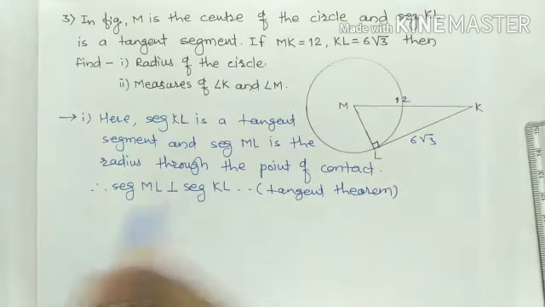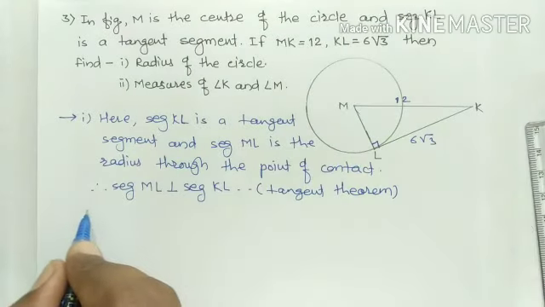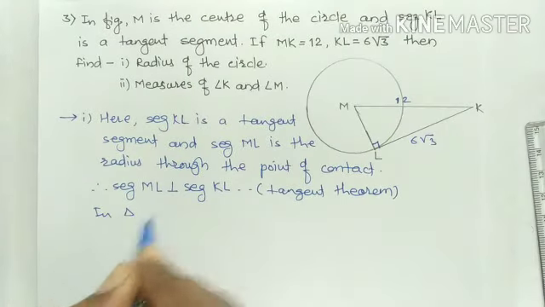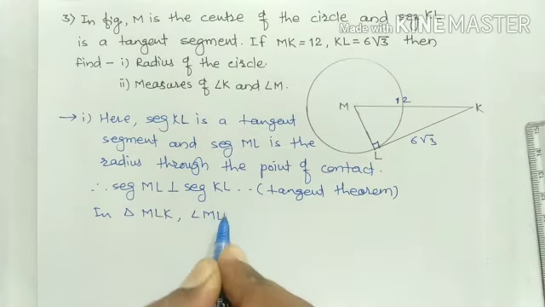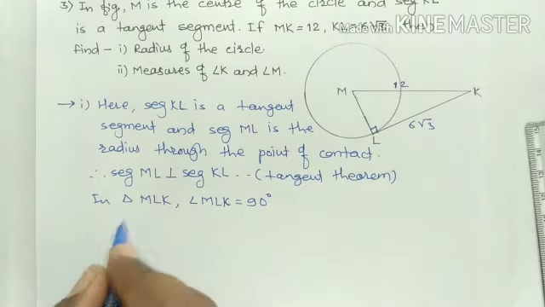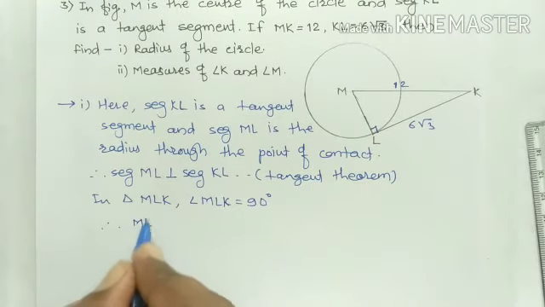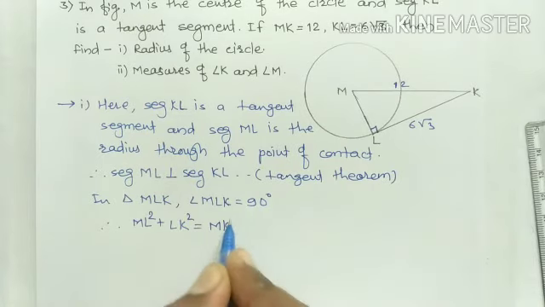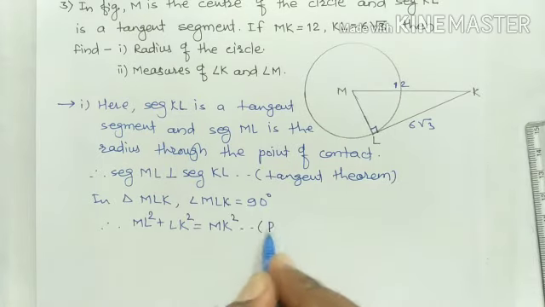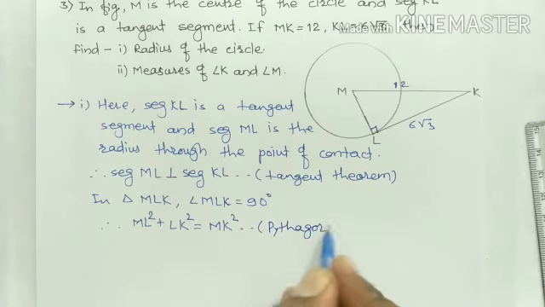Now it is a right angle triangle, so in triangle MLK, angle MLK equals to 90 degree, and therefore ML square plus LK square equals to MK square. This is Pythagoras theorem, see in figure.